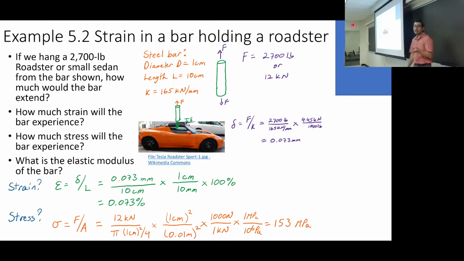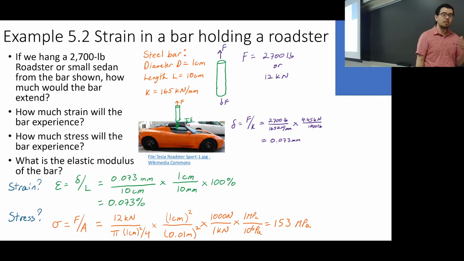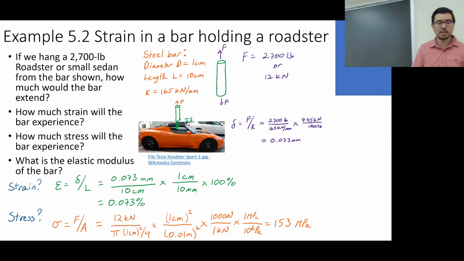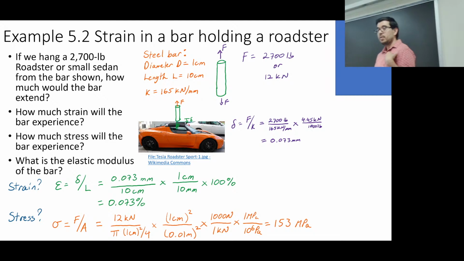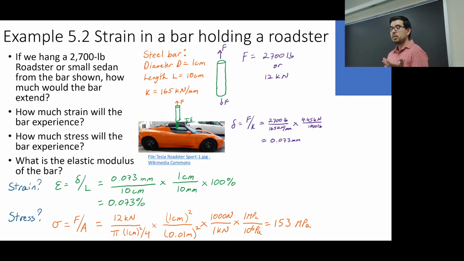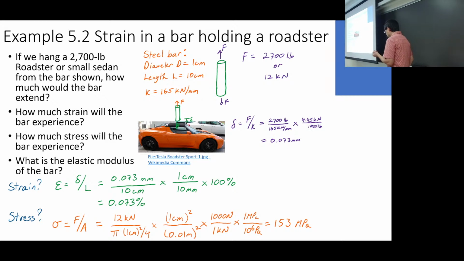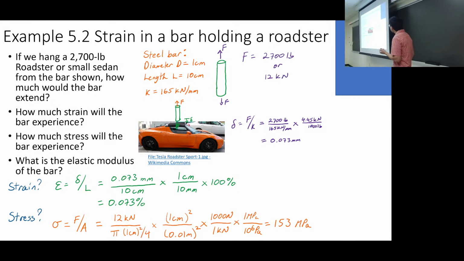And we said, if I double the diameter, that's going to quadruple the amount of supportable load, because it goes with the area. So now, I wasn't lying to you completely.